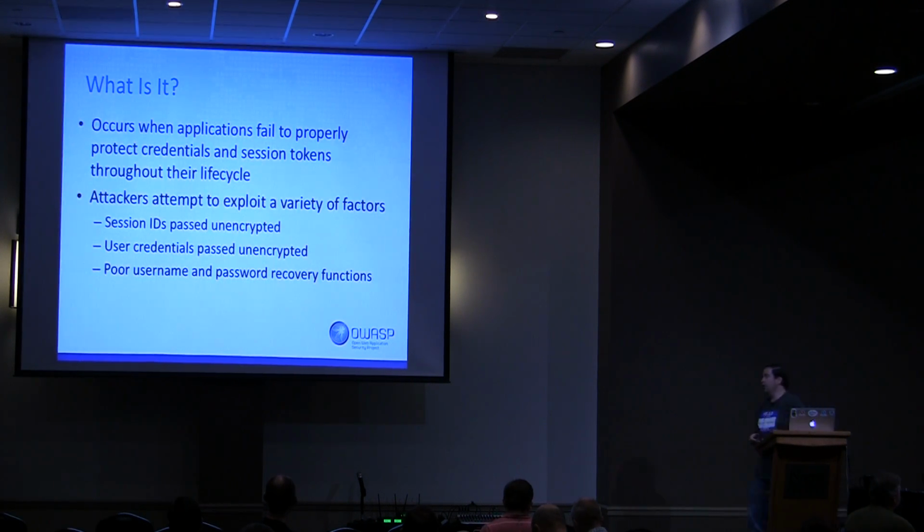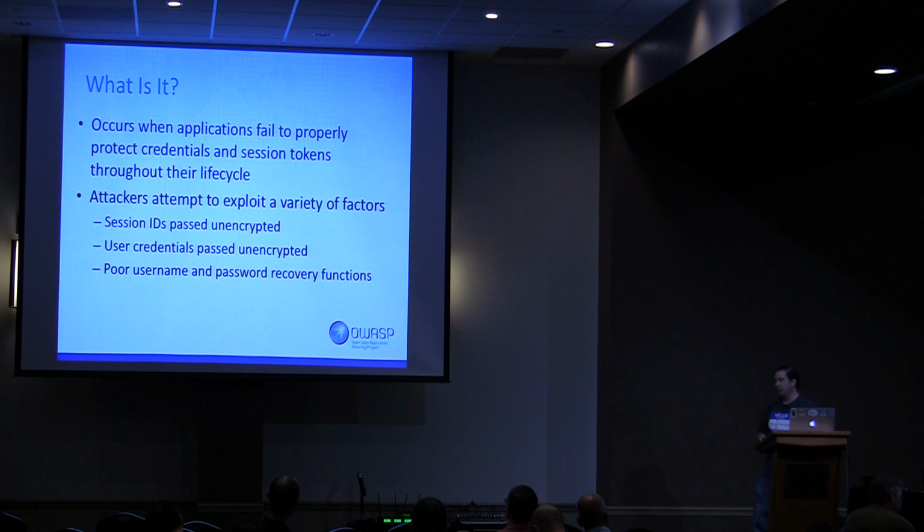Broken authentication and session management occurs when an application fails to properly protect credentials and session tokens throughout the lifecycle. These are the things used to actually authenticate a user with the application. Attackers attempt to exploit this using a variety of factors. In some cases, it might be the session ID passed in an unencrypted format, like in a URL, not using HTTPS.